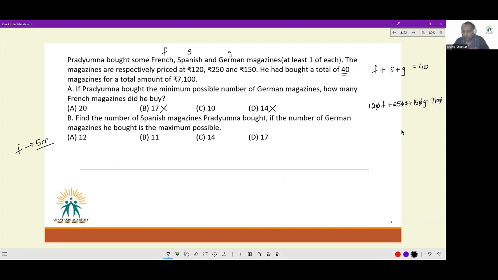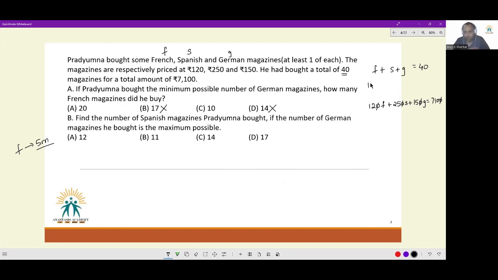Okay. Now, how to identify the minimum possible and maximum possible German magazines? I can either eliminate Spanish magazines entirely or French magazines entirely. Then I can get to my cases. I'm choosing to eliminate French magazines because they're smaller.